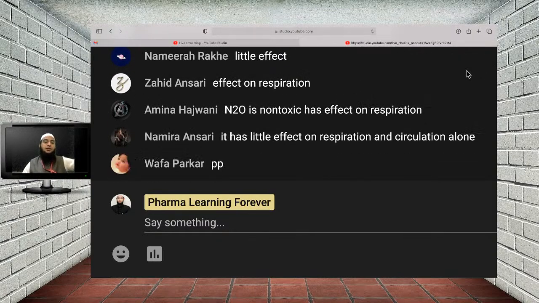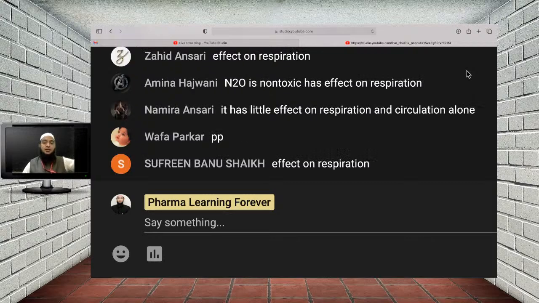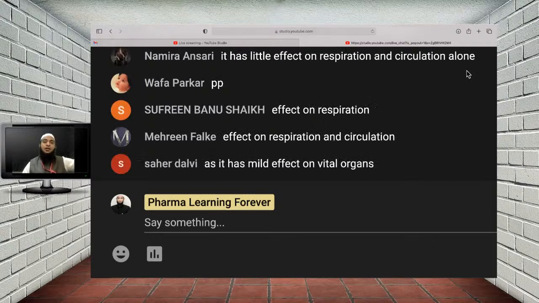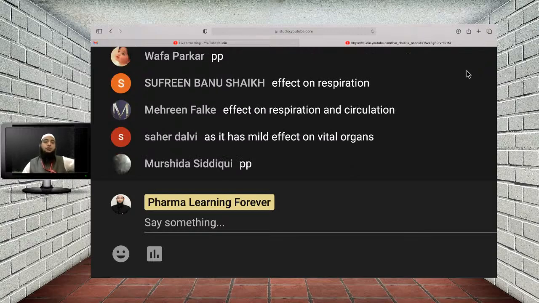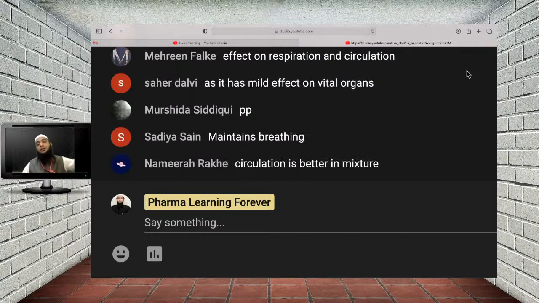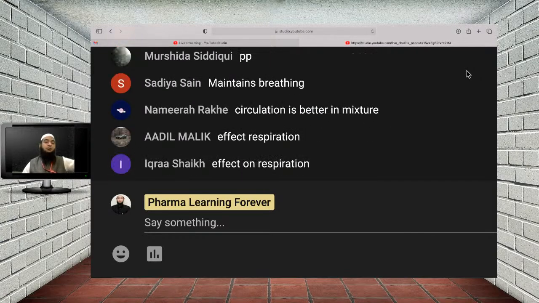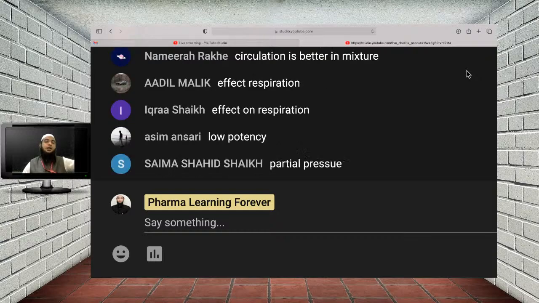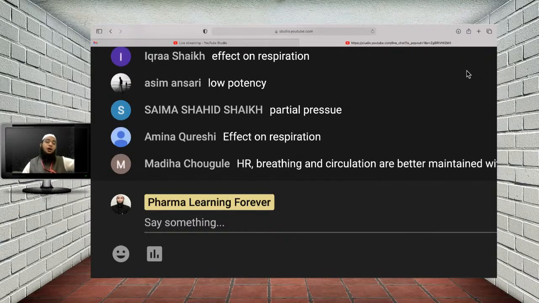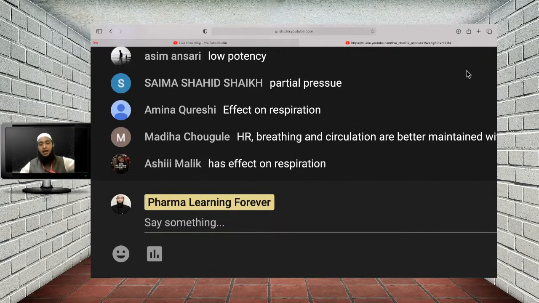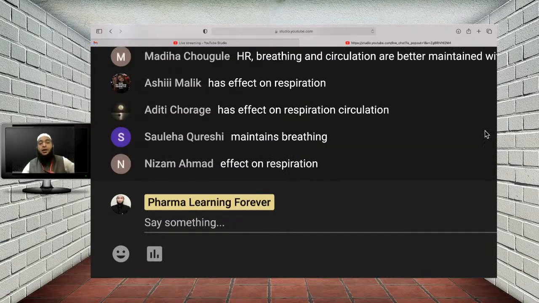Although the effect is little, since these are vital systems, even a little change in respiration and circulation cannot be tolerated. So we use a mixture: 70% nitrous oxide, oxygen up to some percent, and 0.2 to 2% of another potent analgesic or anesthetic agent. Okay, very nice.